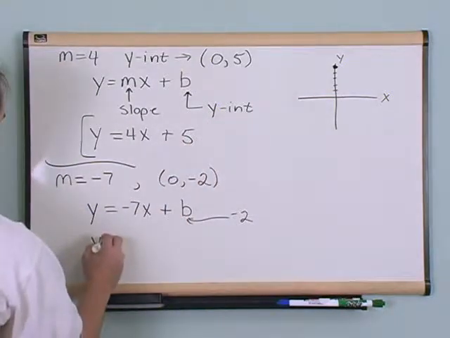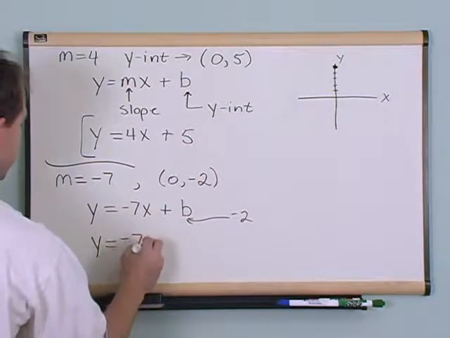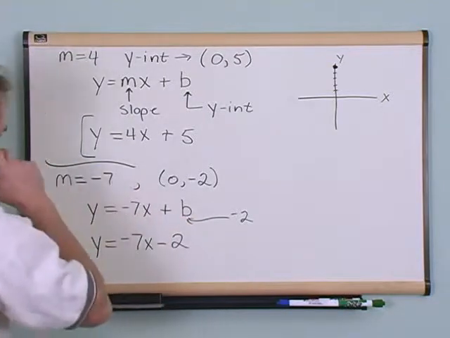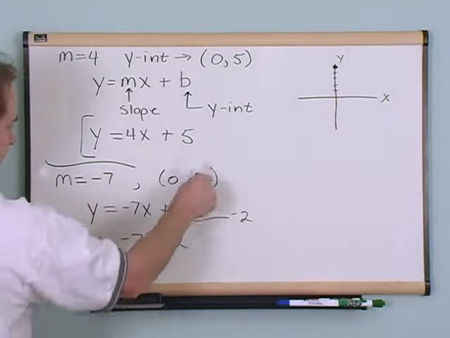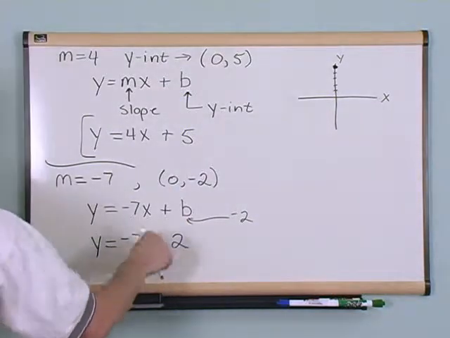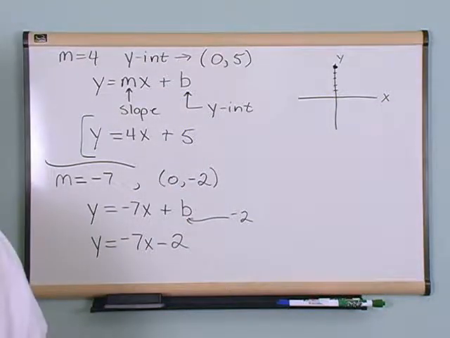So I can just rewrite this and say -7x minus 2. Because the b here, the y-intercept, is a negative number, I just pop that in there and then I get y = -7x - 2.